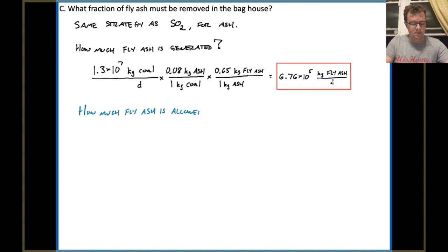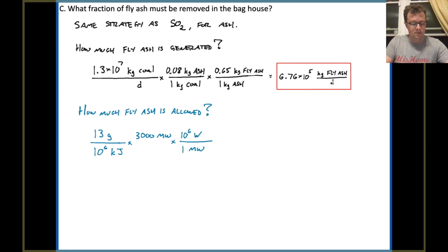And just like we did for sulfur dioxide, we might be generating that from combustion, but we're not allowed to release all of that into the atmosphere. Instead, we're allowed to release about 13 grams per 10 to the 6th kilojoules of energy that goes into the plant. We know 3,000 megawatts went in.